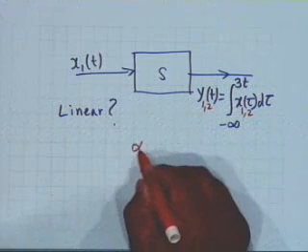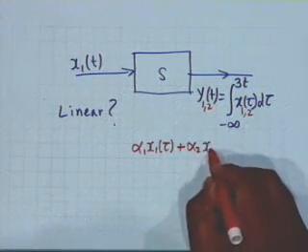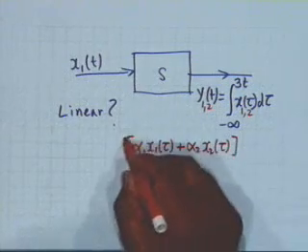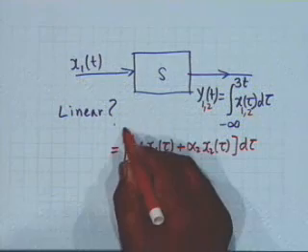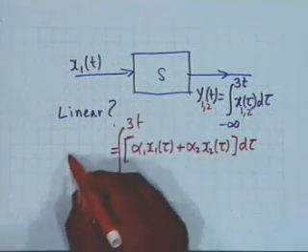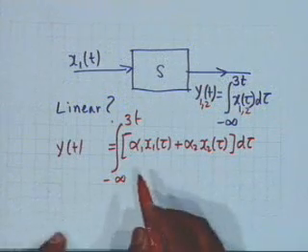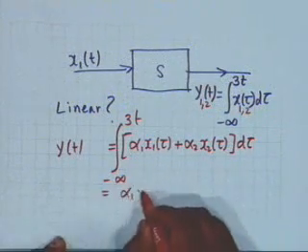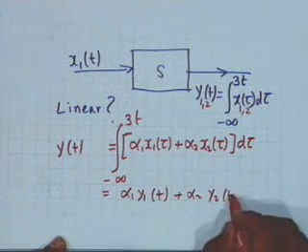So if I apply alpha 1 x1 of tau plus alpha 2 x2 of tau, then this would be the output. And you can easily see that this is equal to alpha 1 y1 of t plus alpha 2 y2 of t.